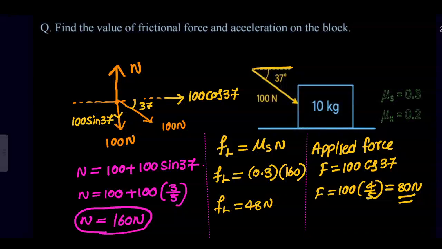Is the body at rest or in motion? If the body is in motion, that means what type of friction? Kinetic friction. Here the applied force is greater than the limiting friction, so the body is in motion.